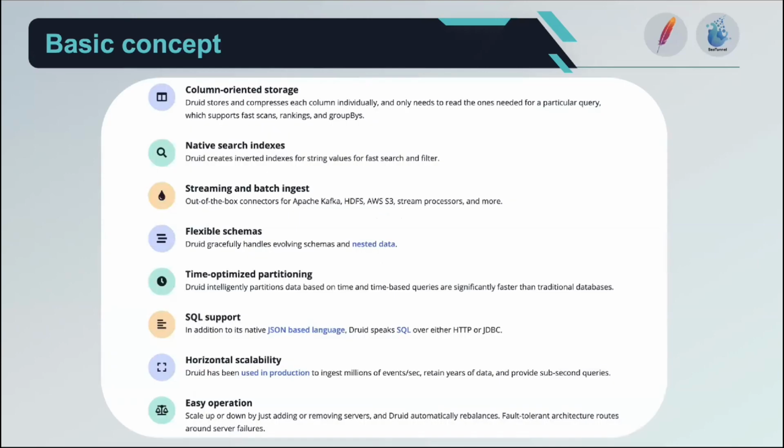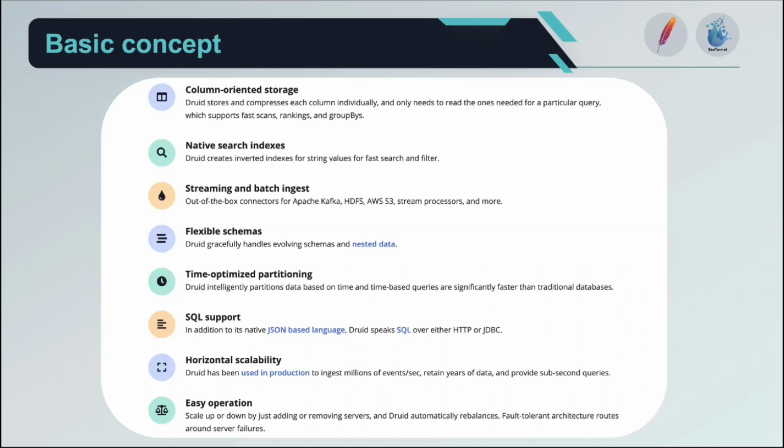Well, after we got a first peek of Druid, let's take a look at the major features of Druid. First is column storage and inverted index to speed up queries, support for online streaming and offline batch ingestion, and Druid can handle flexible schemas.